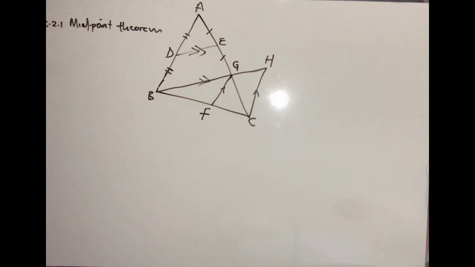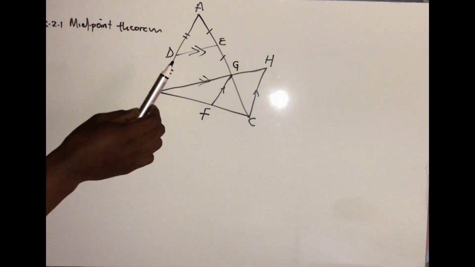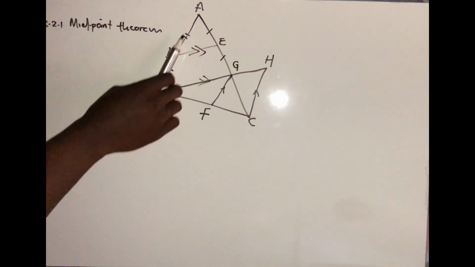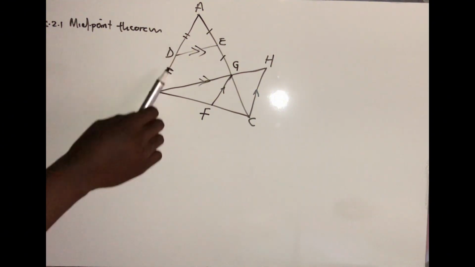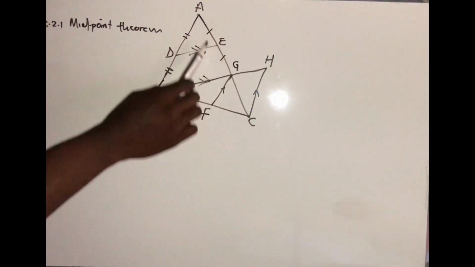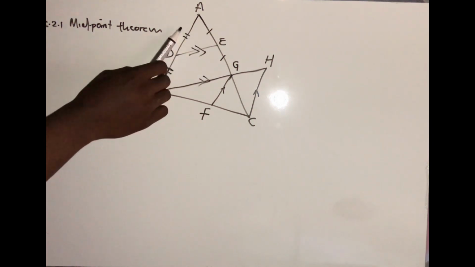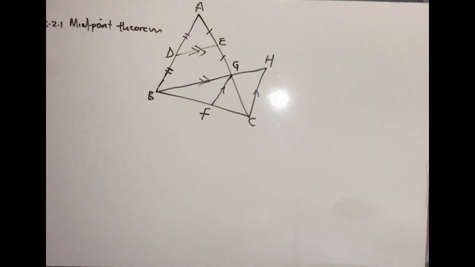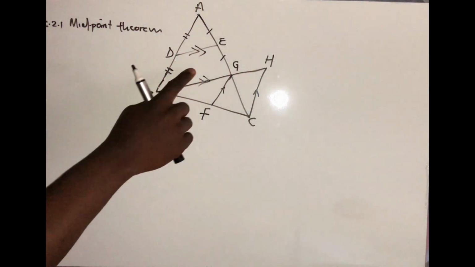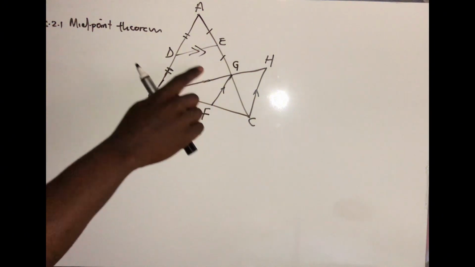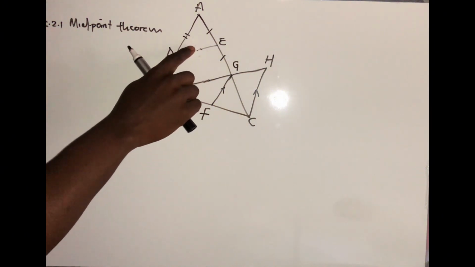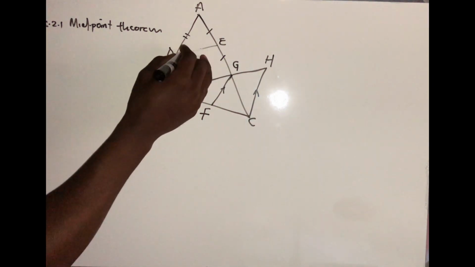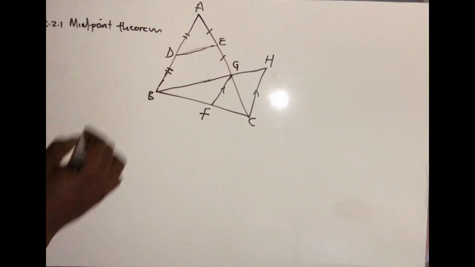A midpoint theorem states that if a line joins the midpoints of two sides of a triangle, then that line is parallel to the third side. I don't know how to explain it further, but your reason here is midpoint theorem, because we also have the converse of the midpoint theorem.